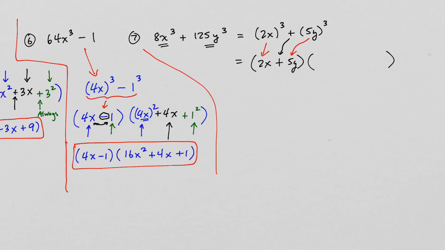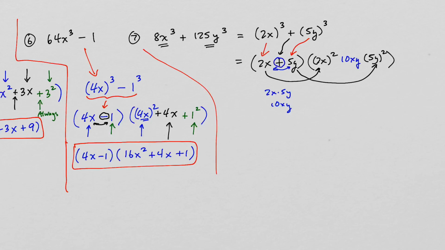And then in the trinomial, we are going to take the 2x here and square it, the 5y here, square it, and then in the middle, we will multiply these two together. So 2x times 5y is 10xy. And if this is a positive, this has to be a negative.